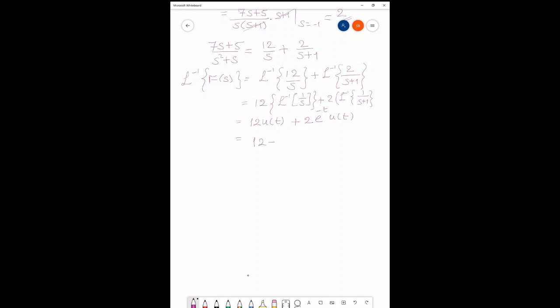So here we have 5 plus 2 e raised to minus t, times u at t. That will be the inverse Laplace transform of this function.